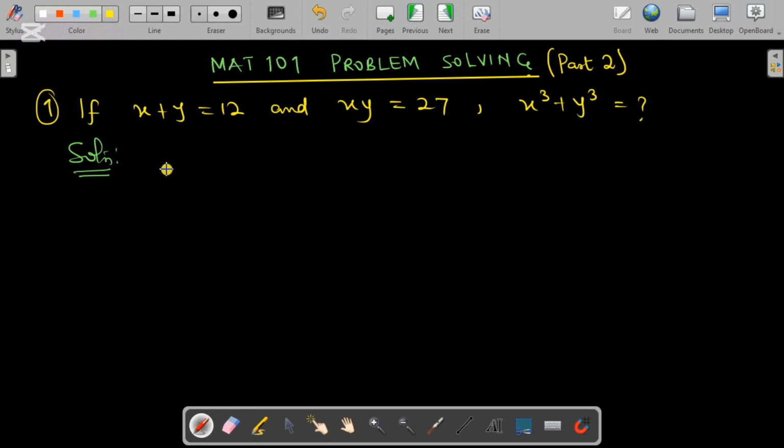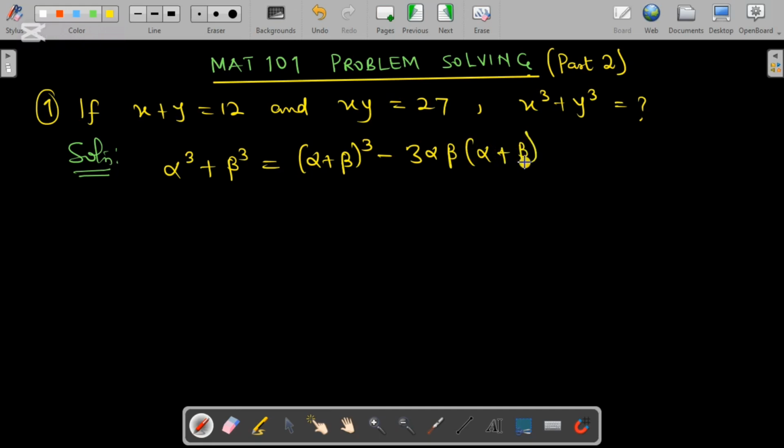Here you are expected to apply the knowledge that we saw under symmetric properties of roots, where we were told that alpha cubed plus beta cubed is equal to alpha plus beta all cubed minus 3 alpha beta multiplied by alpha plus beta.